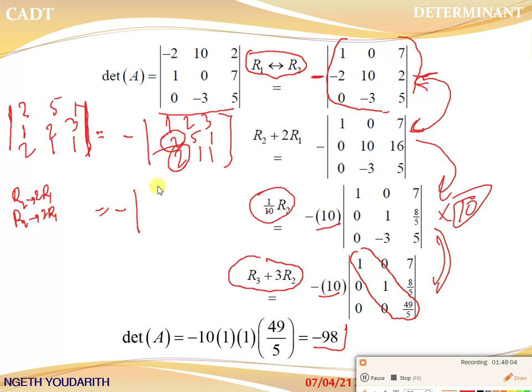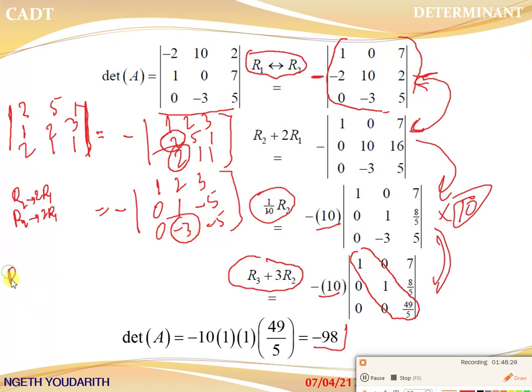And this one is 1, 2, 3. This one is 0, this one is 1, this one is minus 5. This one is 0, this one is minus 3, this one is minus 5. So this one I convert to 0.